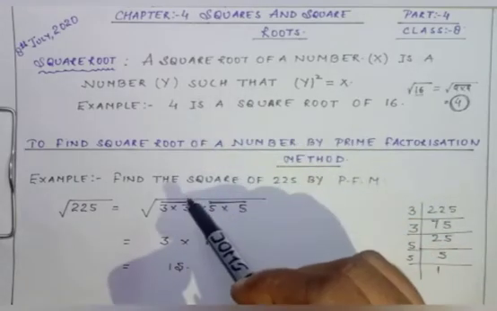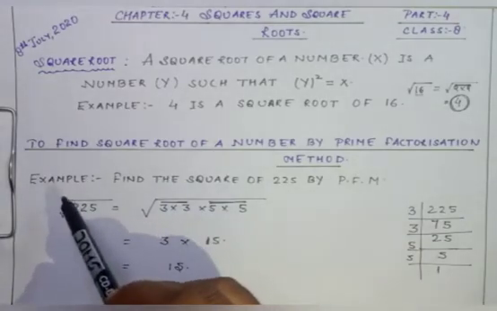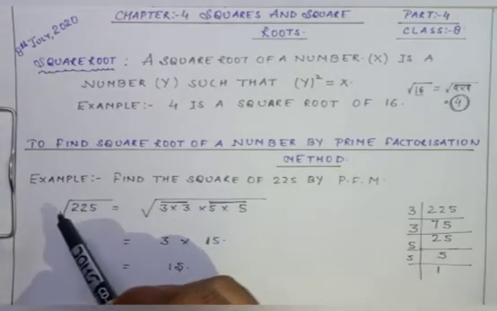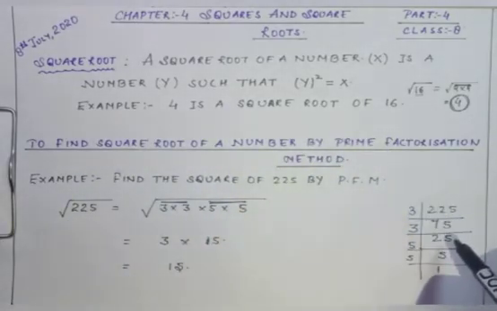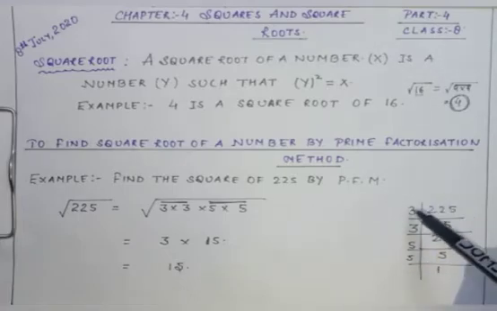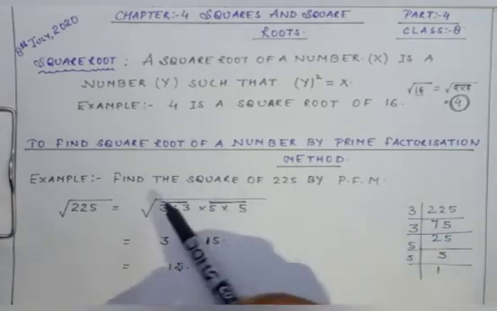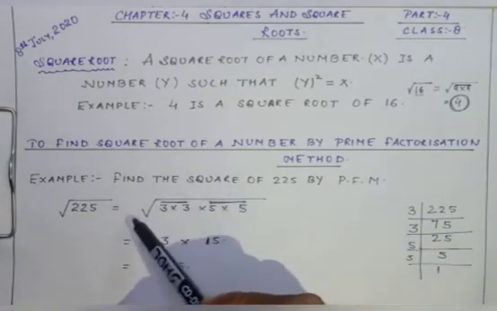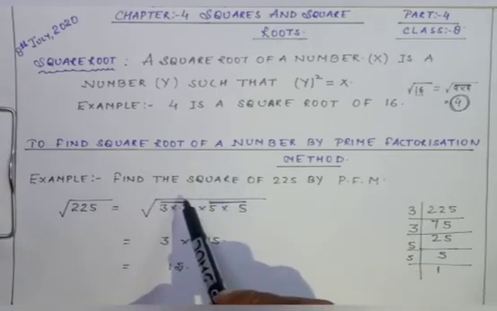So the very first step is that we are going to place the number inside the under root, and after that we are going to find out the prime factors of that number. Over here the prime factor of 225 is 3 into 3 into 5 into 5. So whatever prime factors we got, we are going to place it inside the under root, and after that we are going to pair the prime factors.